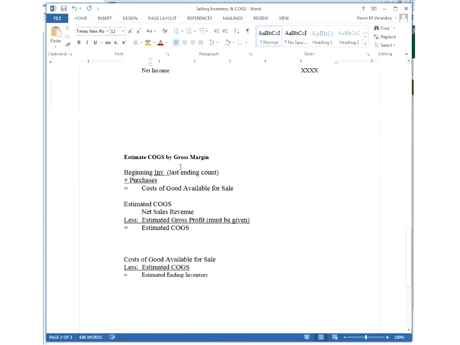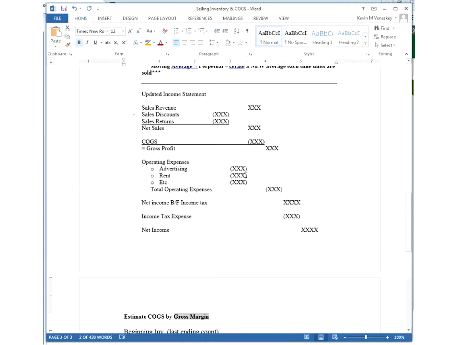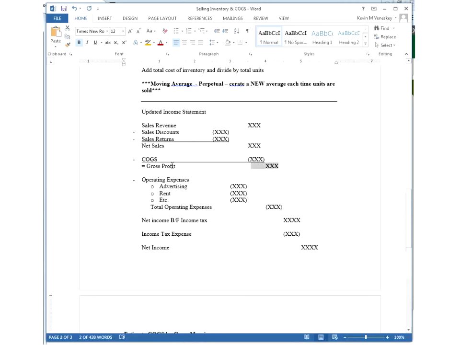The last thing to mention here that you're going to see in your homework is how to estimate what your cost of goods sold is by knowing what your gross margin is. So you have done your business for a little while. You know that your gross margin is a percentage. And gross margin says if I had $40 in gross profit and $100 in sales, I have a gross margin of 40%.